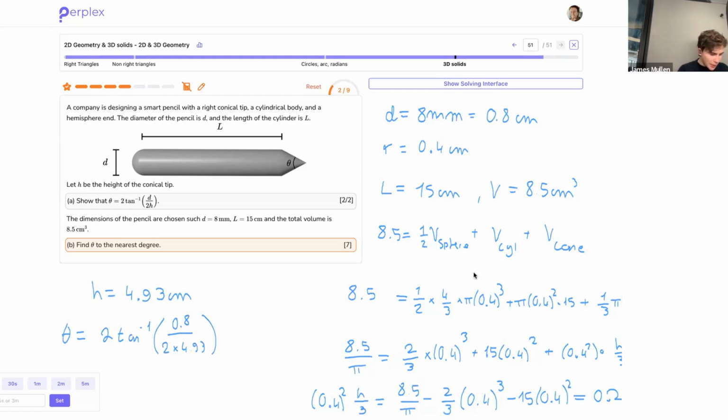If I evaluate what is inside the tan first, I do 0.8 divided by 2 times 4.93. Make sure you get your brackets right. You get 0.0811, and then if you take the inverse tan of that, you will find 4.6 degrees. And finally multiply that by 2 to get 9.27 degrees. The question says to the nearest degree, so we put 9 degrees as our final answer.